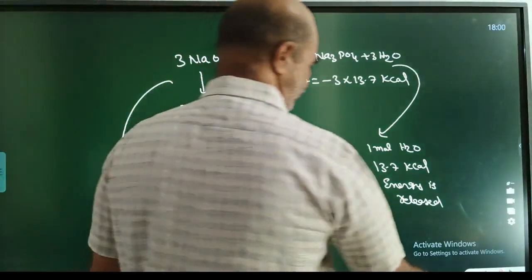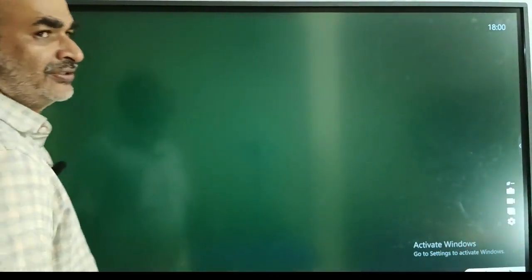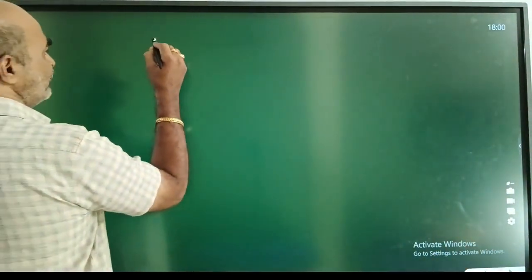This is called enthalpy of neutralization.